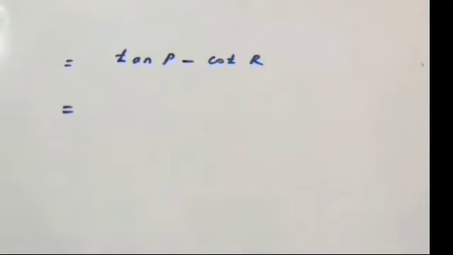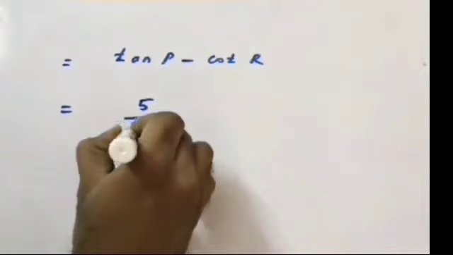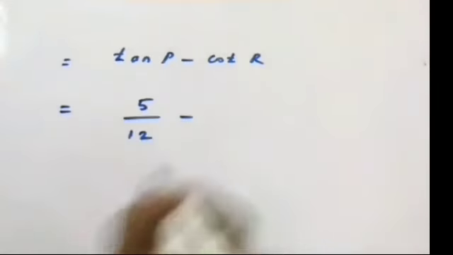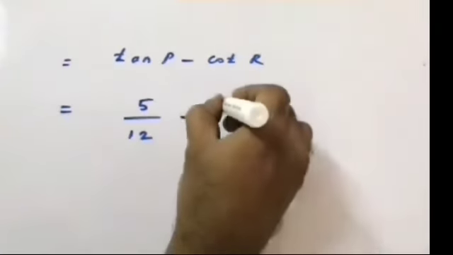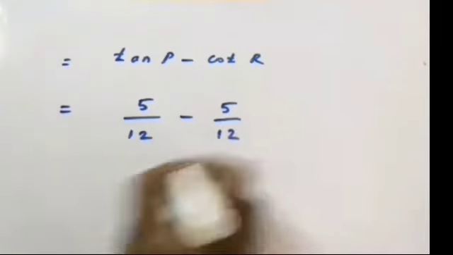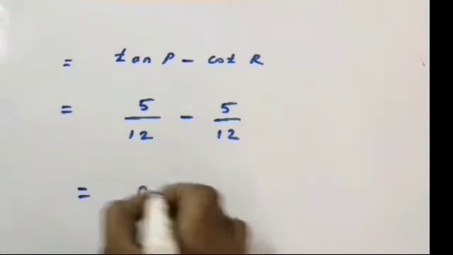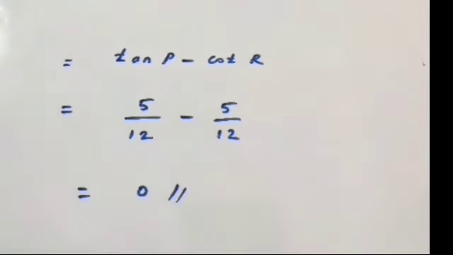Now for tan P put the value 5 by 12, and for cot R also 5 by 12. The values are the same, so 5 by 12 minus 5 by 12 gives 0. That is the value of tan P minus cot R.